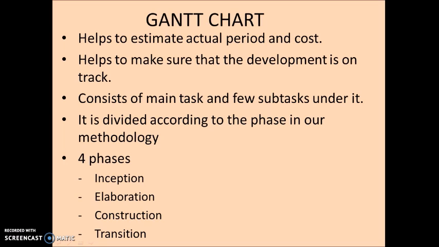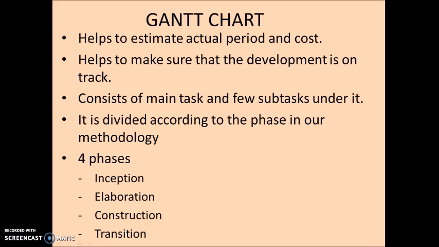So, how do we use the Gantt chart in our project? Here, we can see clearly the task and the duration allocated for every task in order for the system to be developed. We divided the phases inside our Gantt chart according to the methodology that we have chosen earlier, which is the Unified Process Methodology.